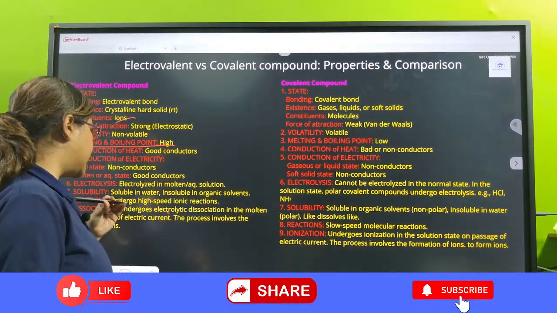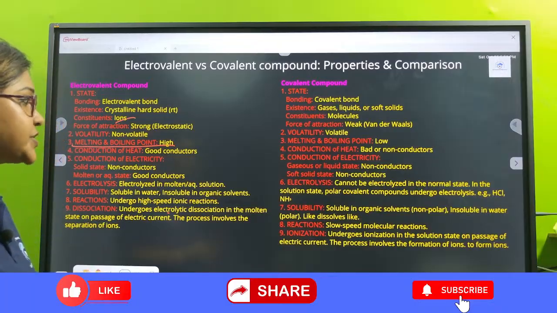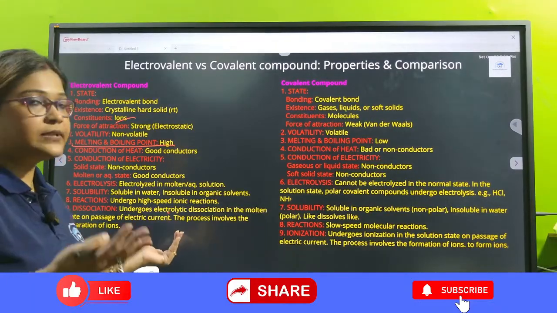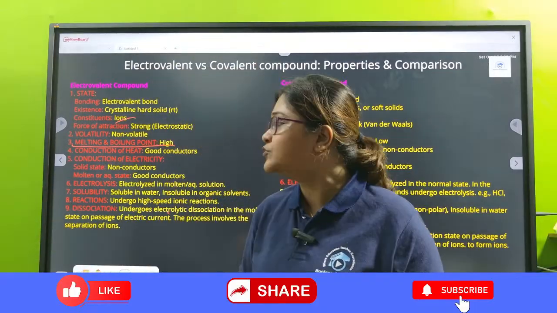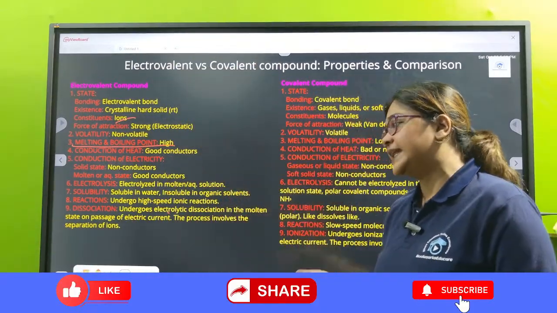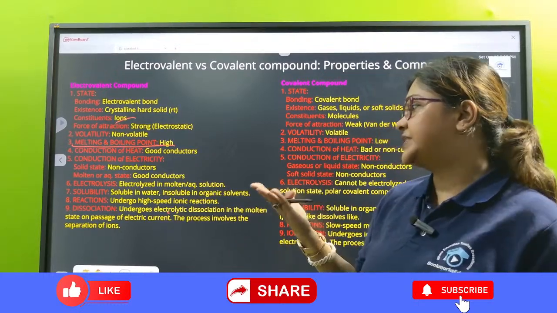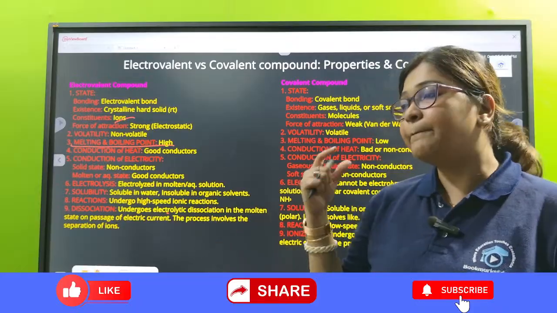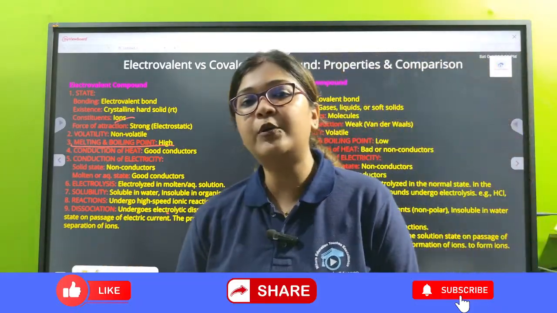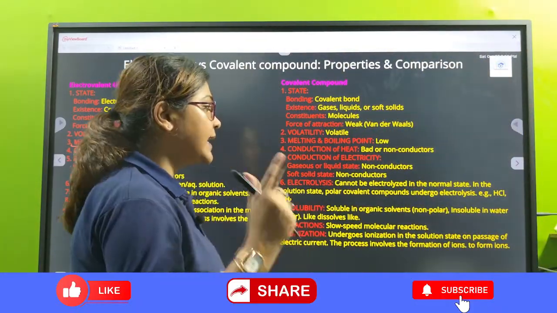And for the type of reactions, it is dissociation when electricity is passed through electrovalent compounds. Dissociation takes place and the process involves separation of ions. But for the covalent compound, when electric current is passed, then what happens?